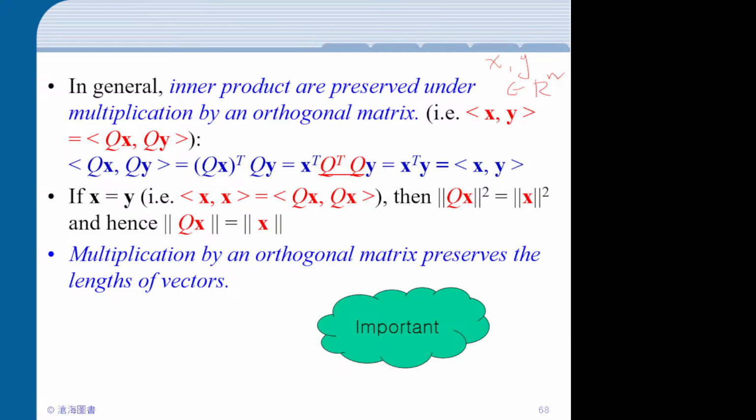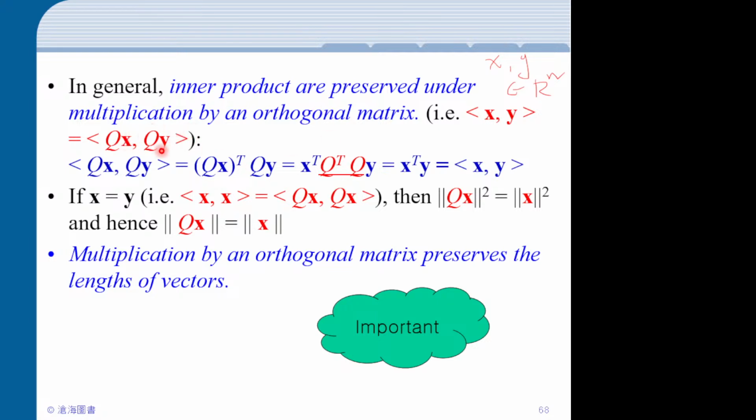Because we define Q as a matrix, let's think about those x and y as standard basis coordinates in Rn, and then you apply Q by multiplying Q on the coordinates of the standard basis. That's Qx, Qy.